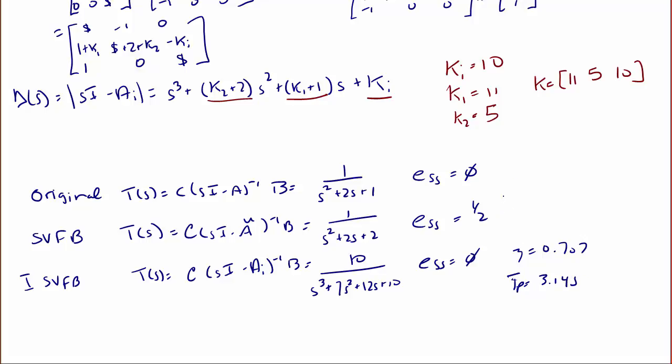Whereas this one only had the time to peak of 3.14 seconds and a zeta equal to 0.707, but the steady state error was not 0. And then here was our original system, which had none of the characteristics.